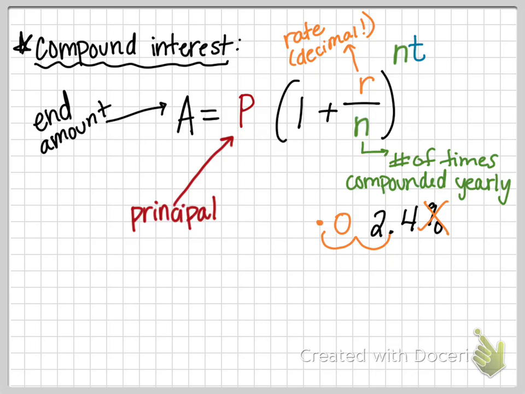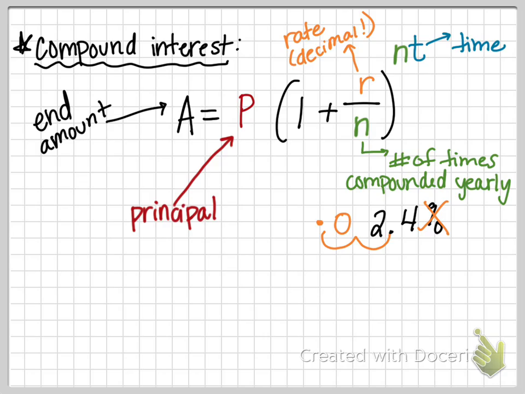So N would be 4. If it's compounded yearly, N would be 1, once a year. Okay? And then T is going to be time. So basically, you're going to be given all but one of these, and you'll have to solve for one. But using this to start and then working backwards is how you're going to have to solve the problems.